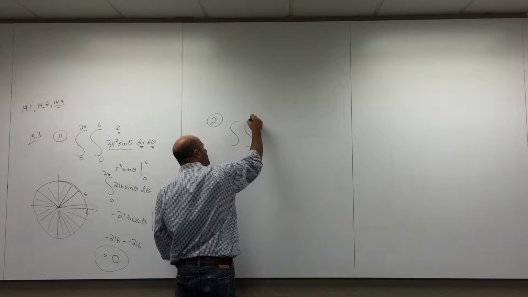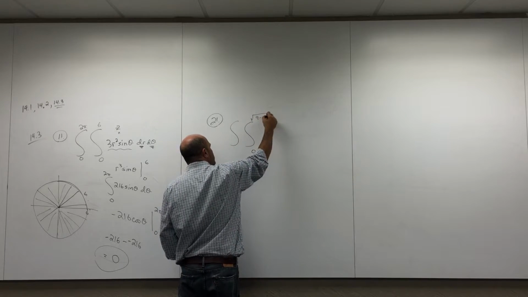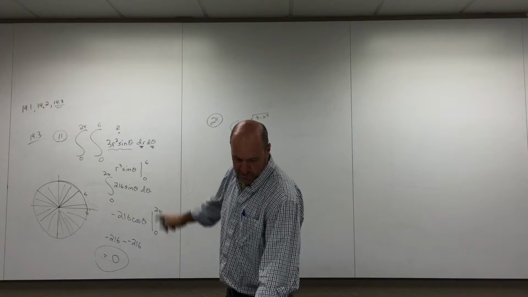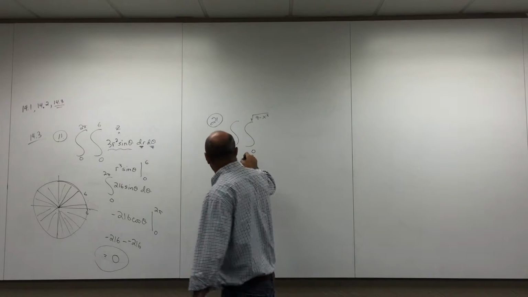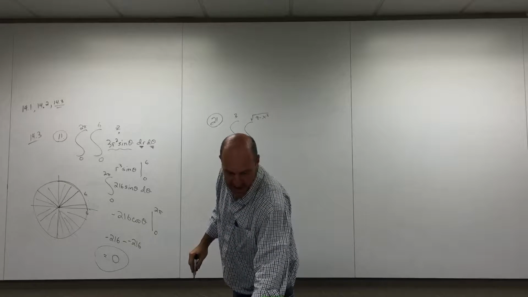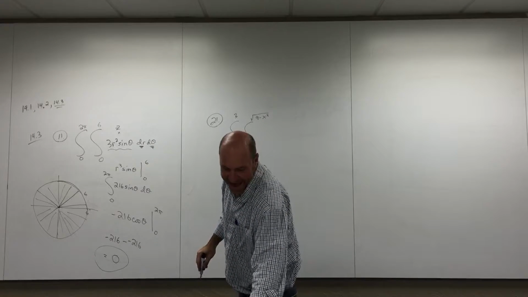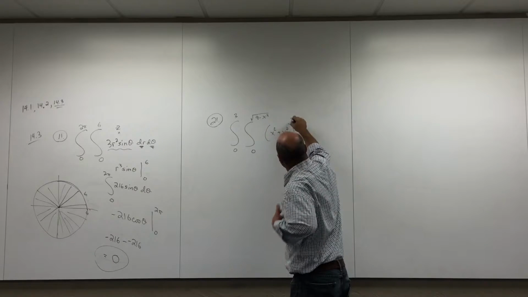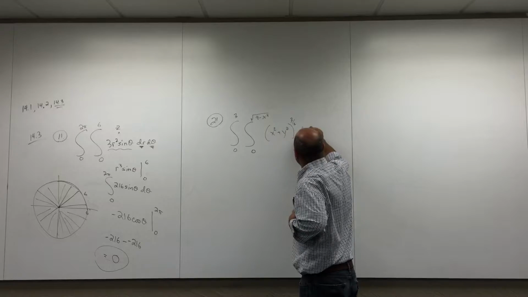Wait, hang on. Is that what it said? Yeah. 21. 0 to the square root of 9 minus x squared, 0 to 3. So this is in x's and y's. It is x squared plus y squared raised to the 3 halves, dy dx.